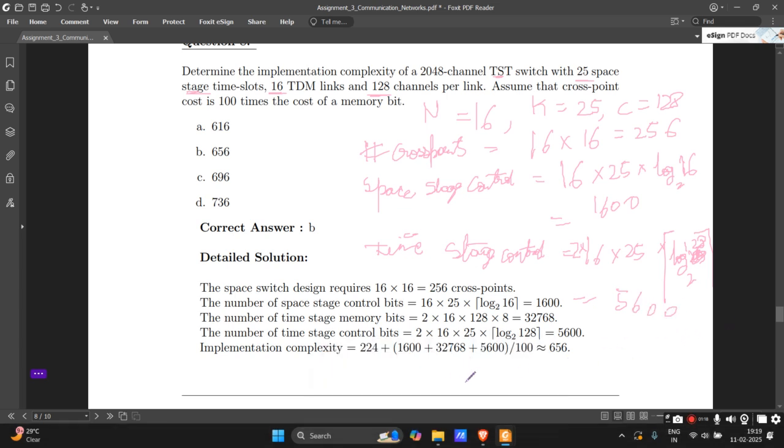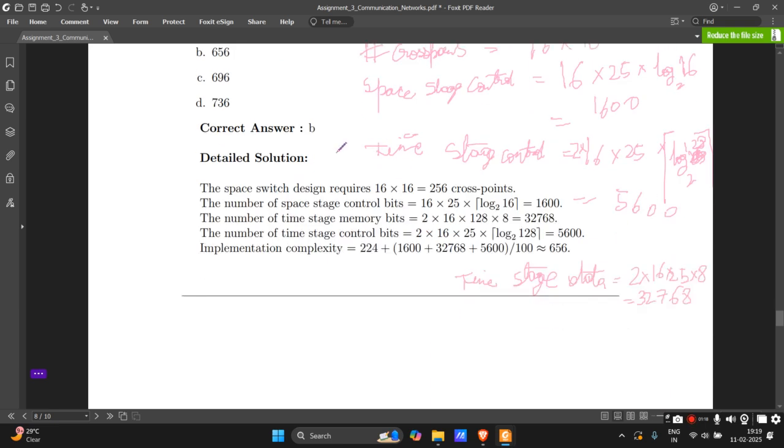And time stage data storage is 2 into 16 into 25 into 8, because there are 8 bits. So this will be 32768. Now add these three together, these three are the memory.